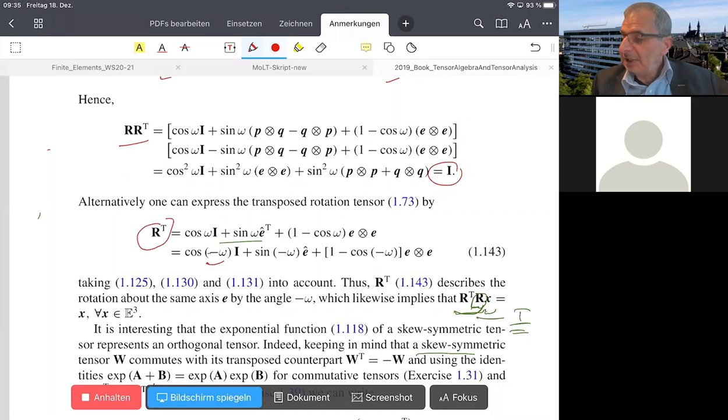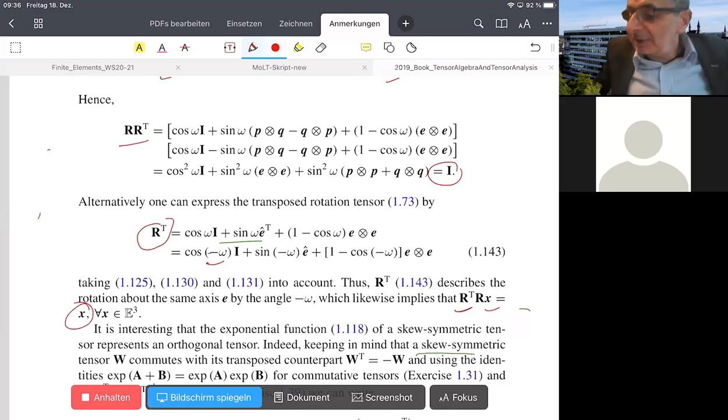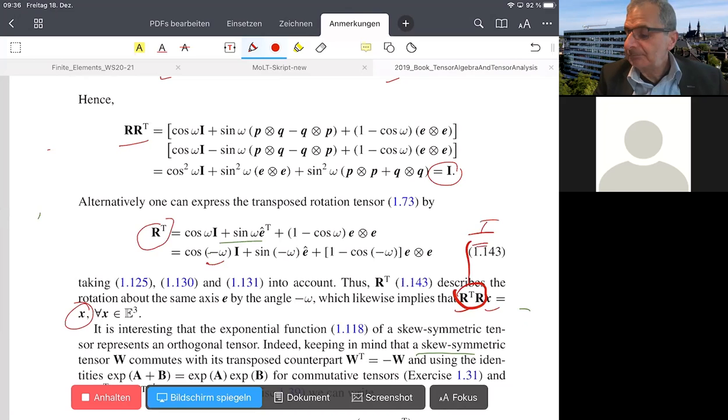And it means that if we write here such an expression R transpose R, which gives us then what? It gives us the first rotation by this rotation tensor R by the angle omega around some axis E, and then backwards by the angle minus omega, which means that finally we get this vector x back, and which means that this result is nothing but the identity tensor, right?